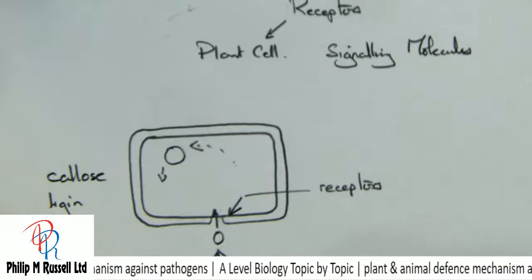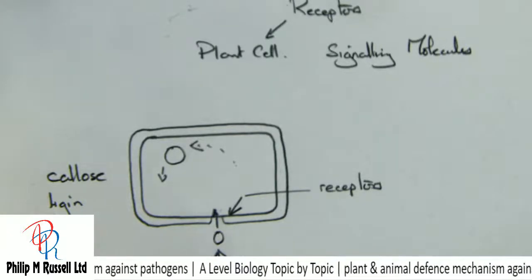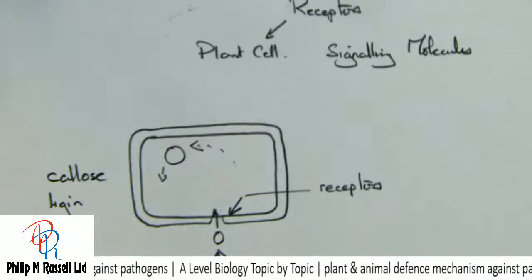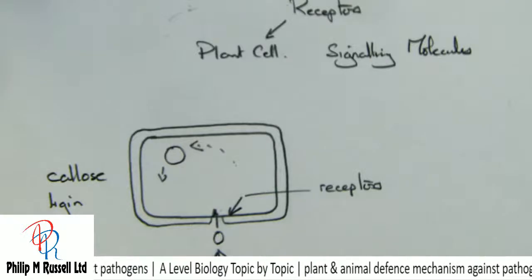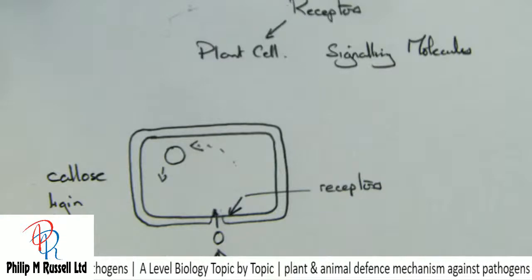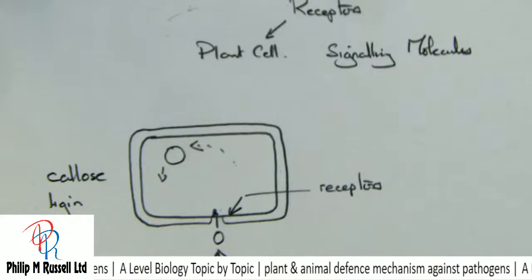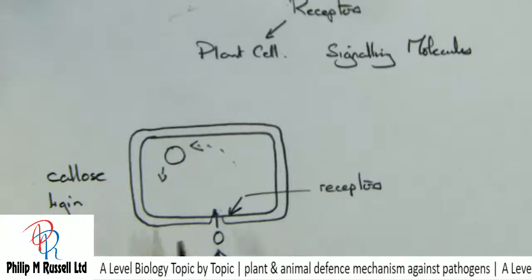Now callose is a polysaccharide. It contains beta-1,3 linkages and beta-1,6 linkages between the glucose monomers, and this is going to happen within minutes of the initial attack.